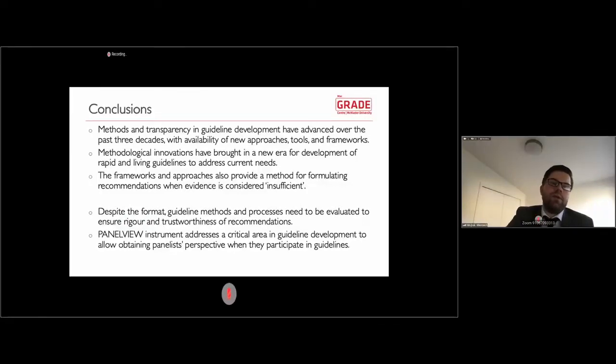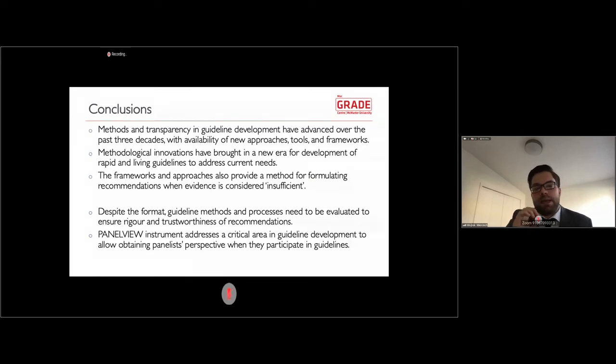And here I'll just conclude. So methods and transparency in guideline development have advanced over the past 3 decades with availability of these new approaches, tools, and frameworks. And these innovations have brought in an era for development of rapid and living guidelines to address current needs. The frameworks and approaches also provide a method for formulating recommendations when evidence is considered insufficient or very low quality.